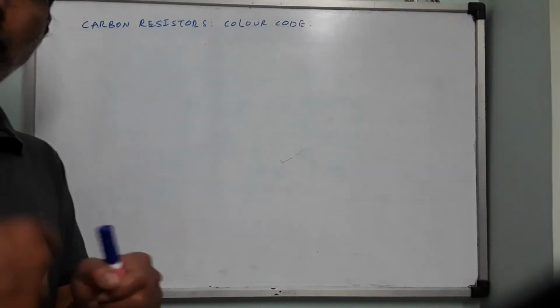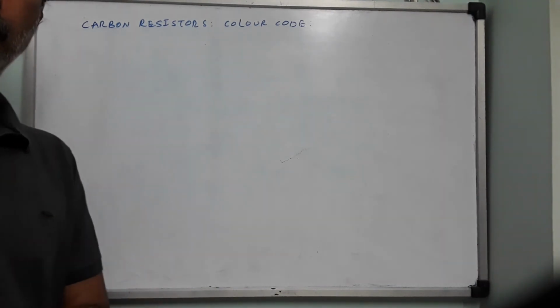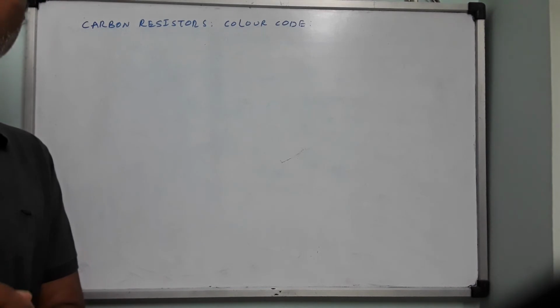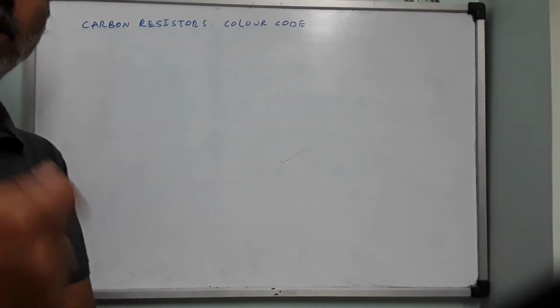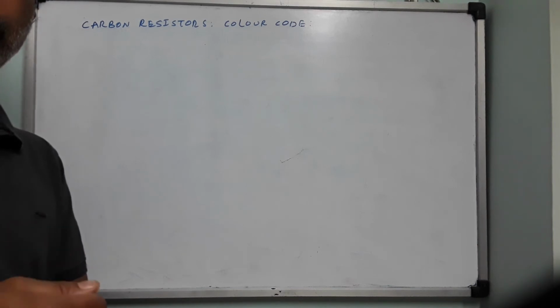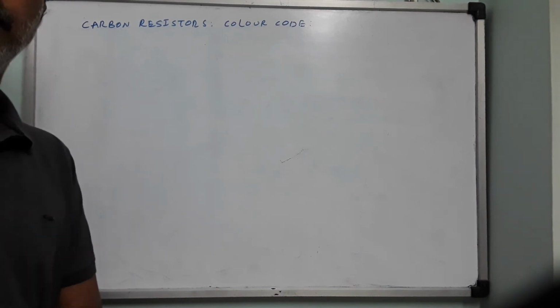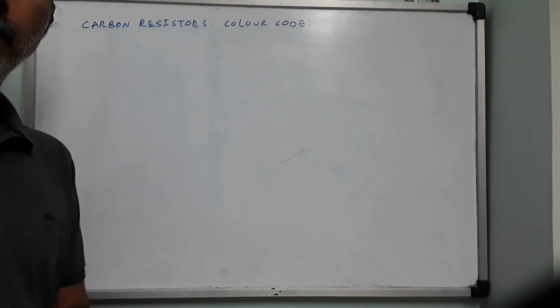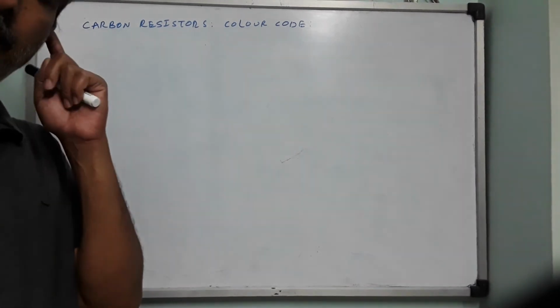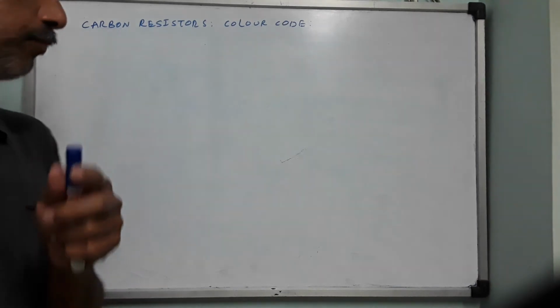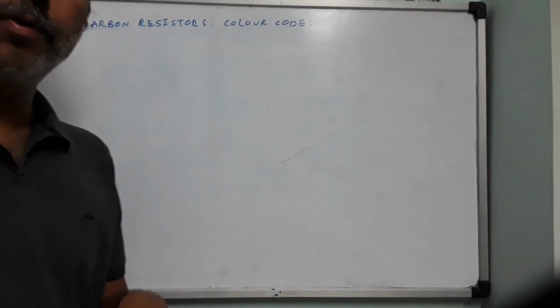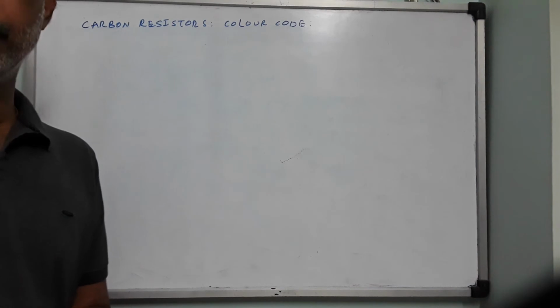So that is wire wound resistors like nichrome. You will be seeing in the lab there are some resistance boxes. Inside the box there are coils which are made up of nichrome, manganese, constantan. Nichrome is an alloy. Constantan is also an alloy. You have studied this in class 10th. And other type of resistors are nothing but carbon resistors.